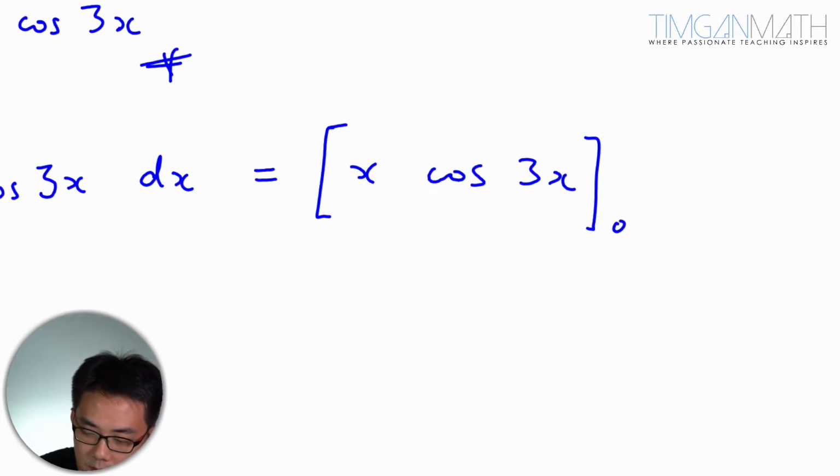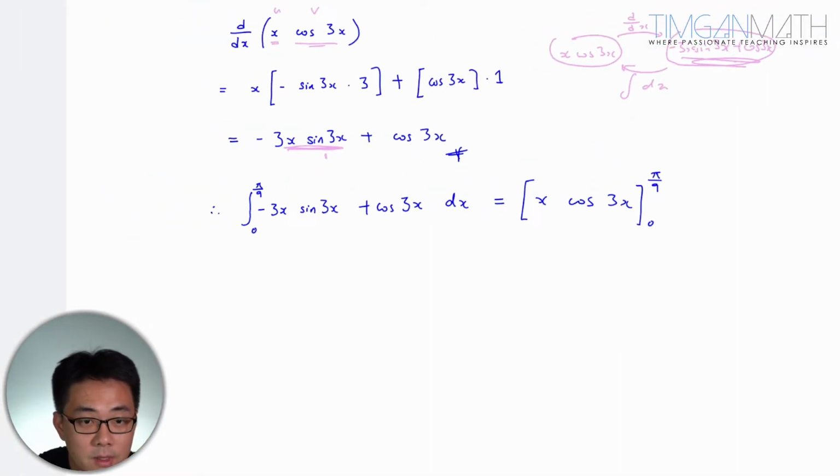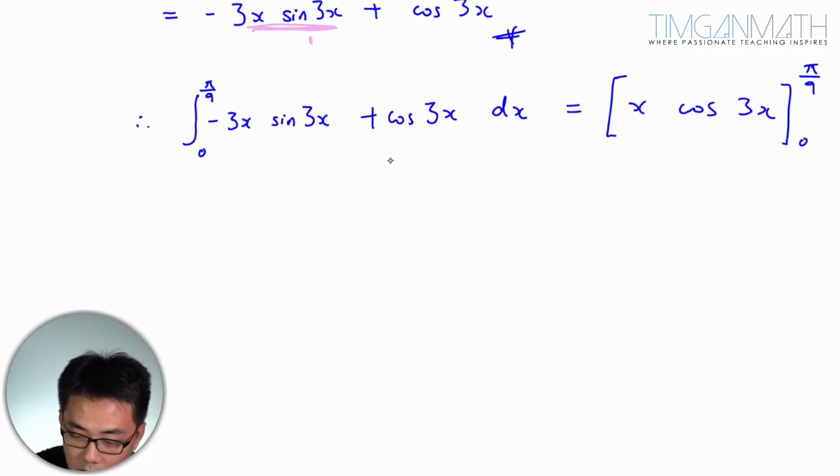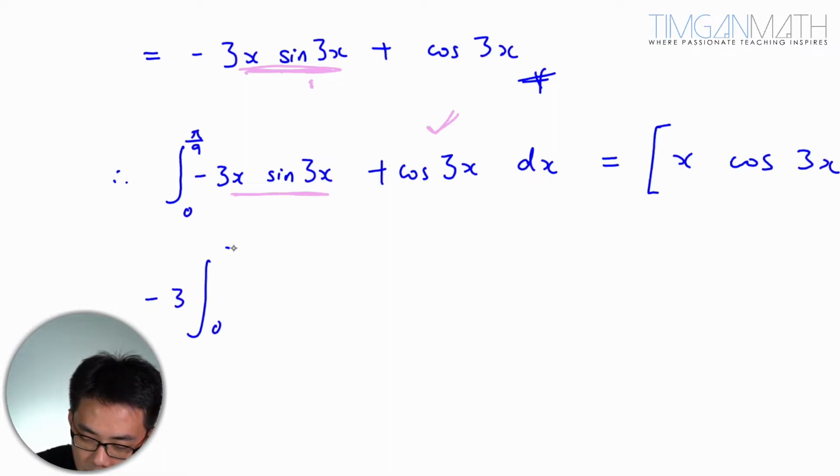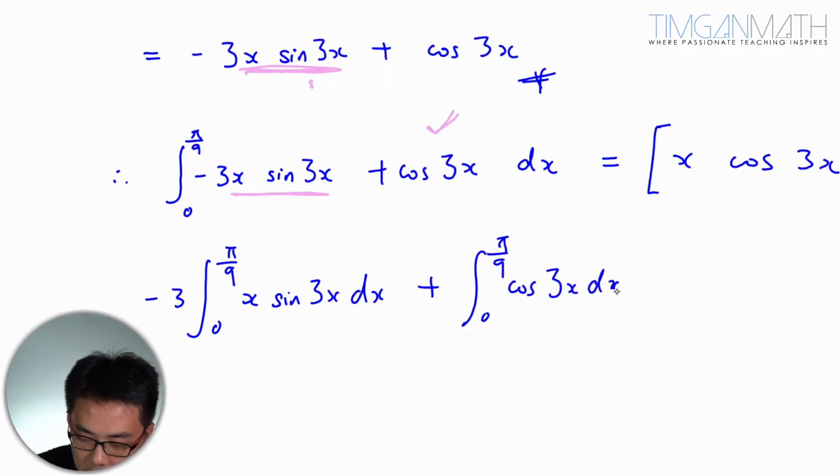Once we're done with this, we can split it up, because x sine 3x is what we want, but we can integrate the cosine part straight away. So this will be negative 3, bring this out, the integral from 0 to pi over 9 of x sine 3x dx, plus the integral from 0 to pi over 9 of cosine 3x dx. Just expand it as such.